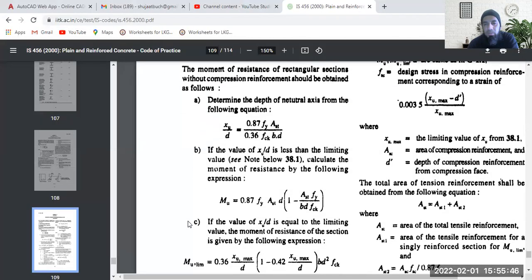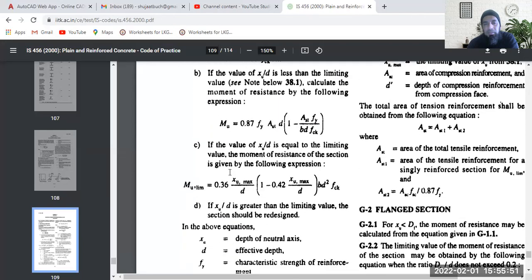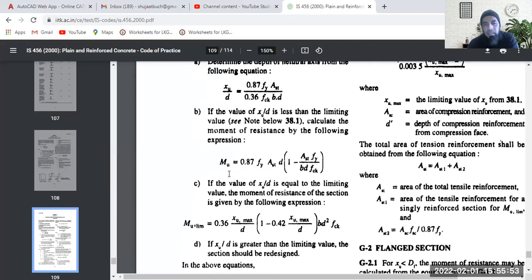So this is, in your code IS456, what does it say? If you just go to this second clause, if the value of XU by D is less than the limiting value, that means XU by D is less than the limiting value, जो हमने last time पढ़ा, XU max. What was XU max? Any one of you?